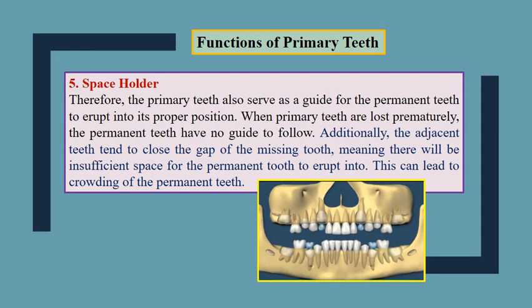Additionally, the adjacent teeth tend to close the gap of the missing teeth, meaning there will be insufficient space for the permanent tooth to erupt into.